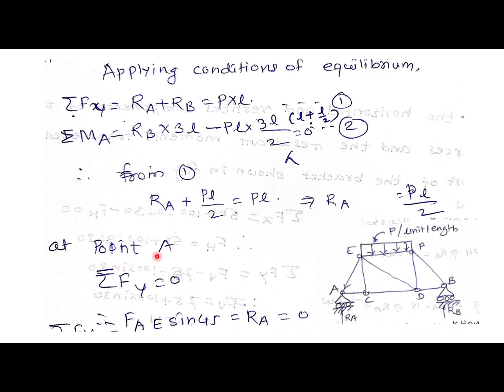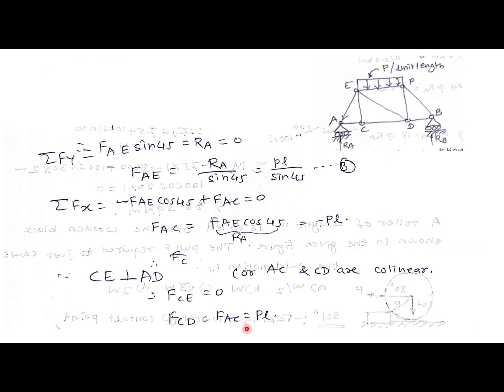Again, when we apply the condition of equilibrium at point A and consider the vertical forces, we get that the force in member A sine 45 is equal to the reaction at A. When we solve it further, we get the equation in terms of PL.